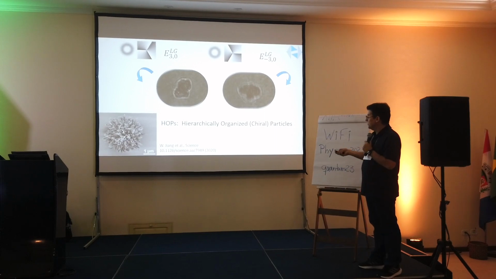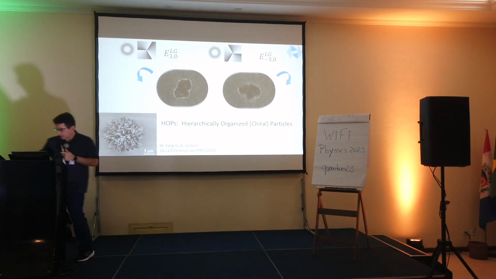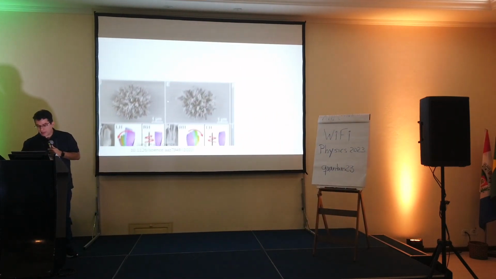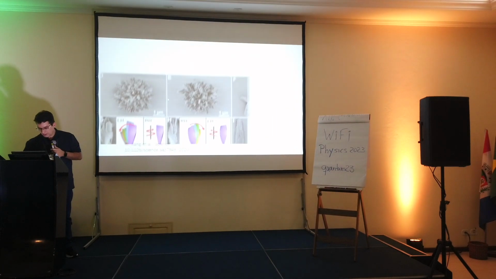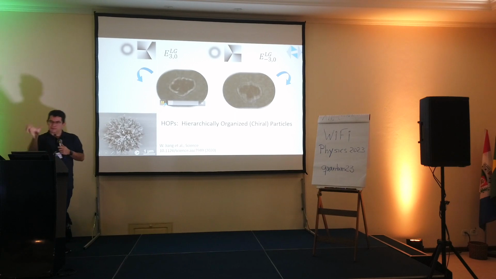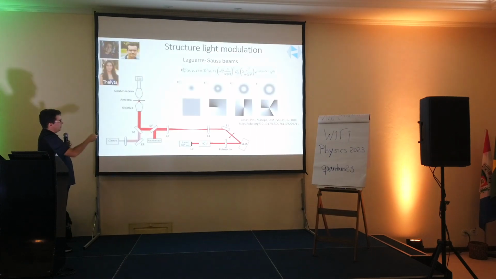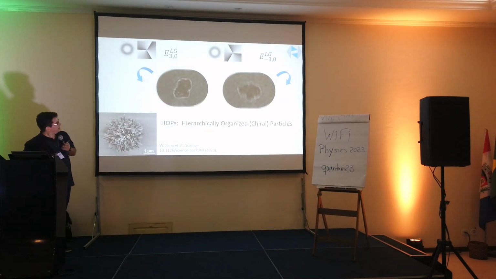Anyway, we were studying that, and using orbital angular momentum Laguerre-Gauss beams, we could trap them and apply a twist, a torque, if you wish. Here it's spinning. Sorry, I should get used to the button here.